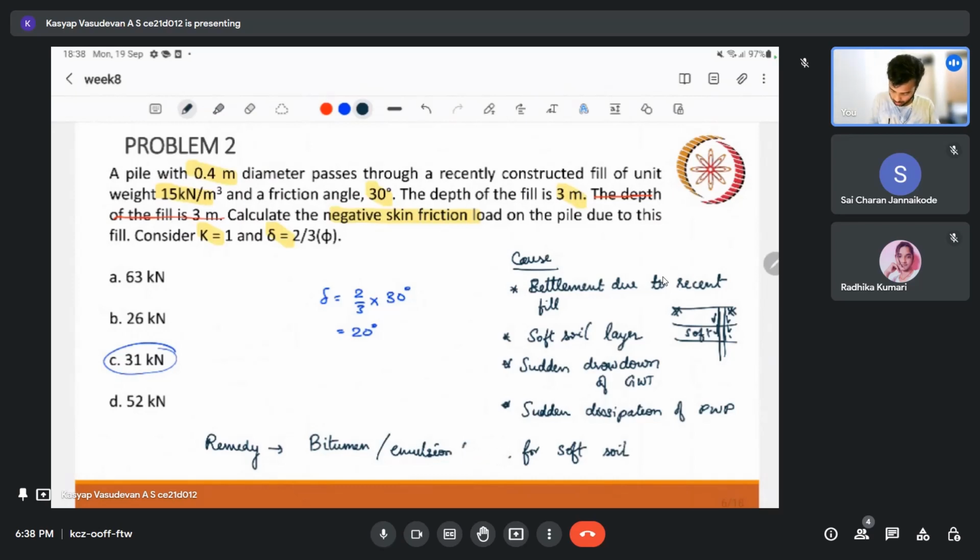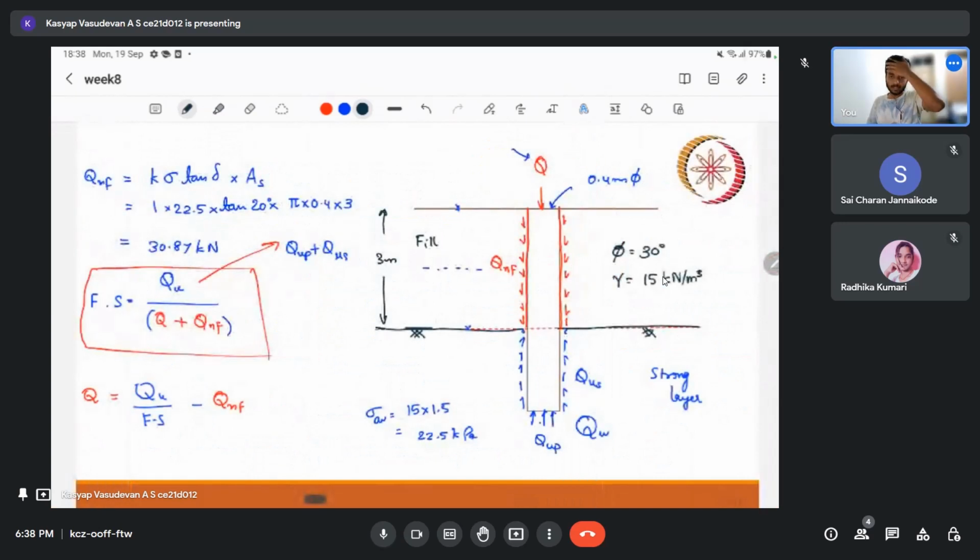There's a coating on the pile. Okay, so that is regarding negative skin friction. This is also applicable for pile groups, the same way that we have done while calculating the capacity of the pile. The only thing is that for that particular layer it will be in the negative direction, as well as for layers above it.